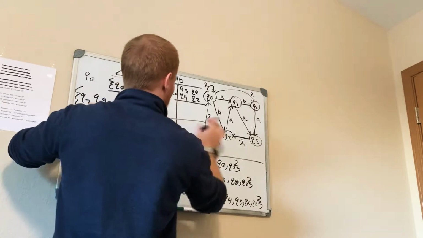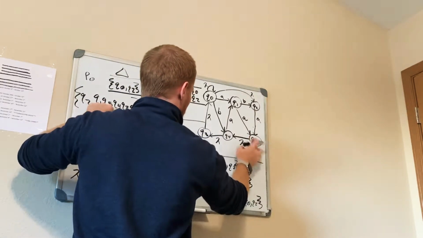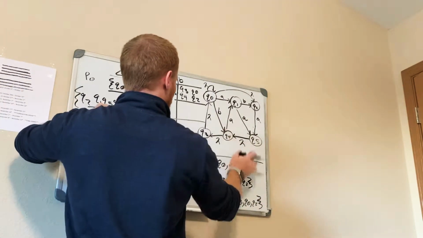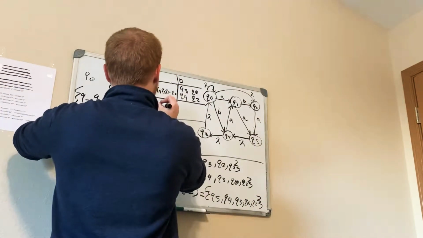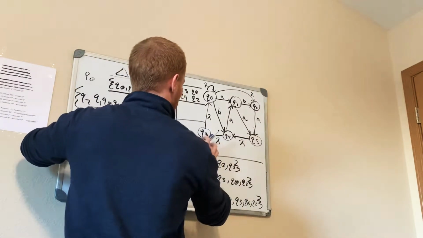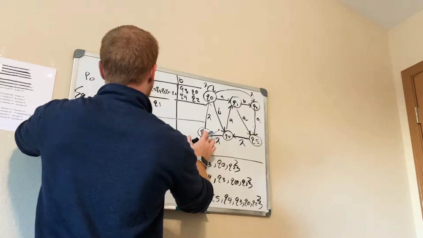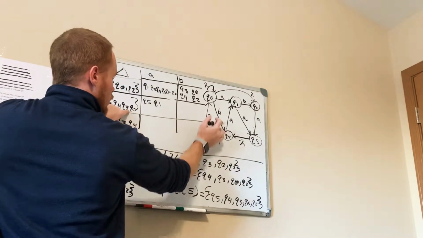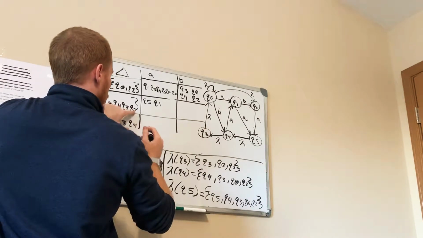Q5 input A, don't go anywhere. Q4 input A, I can go back to Q1. Q3, where can I go with input A? From Q3, input A, can't go anywhere.